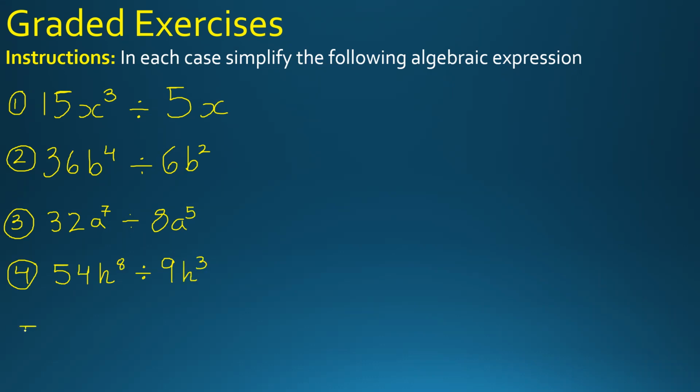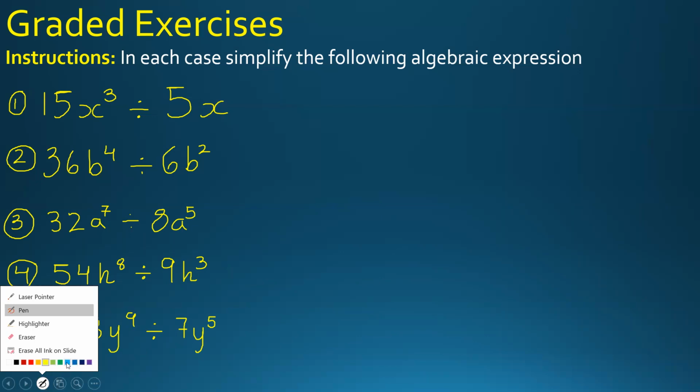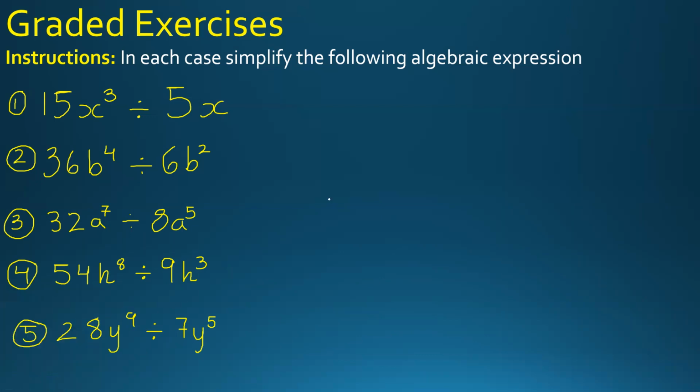And number 5, we have 28y to the power of 9 divided by 7y to the power of 5. Okay, so those are the regular ones. Do your best on them. The regular ones should be easy, right?